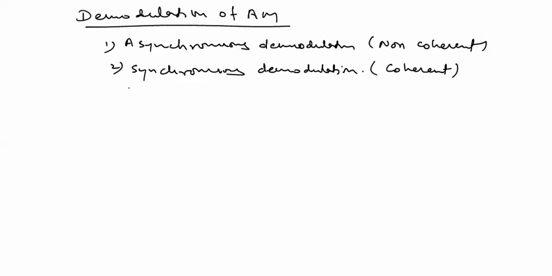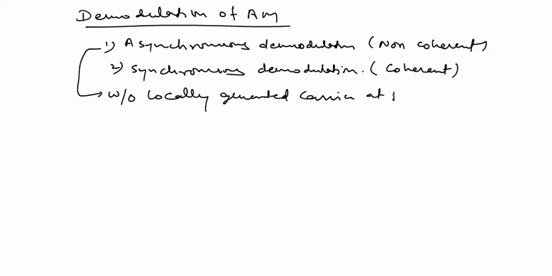Without a locally generated carrier at the receiver is the asynchronous method; with a locally generated carrier at the receiver is the synchronous method.